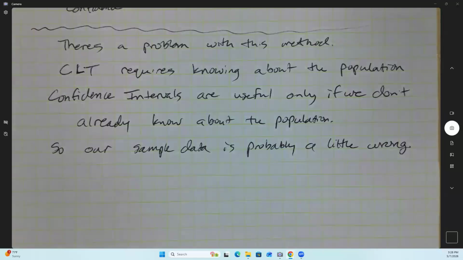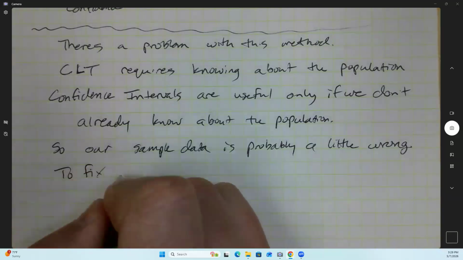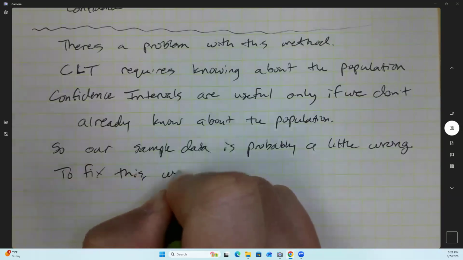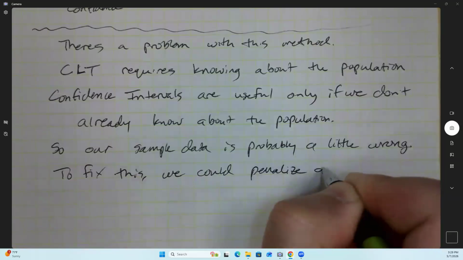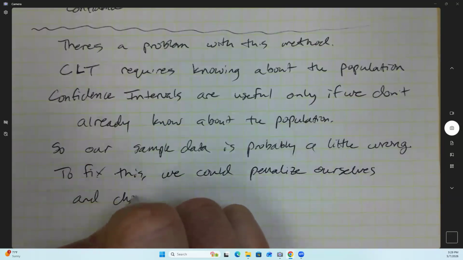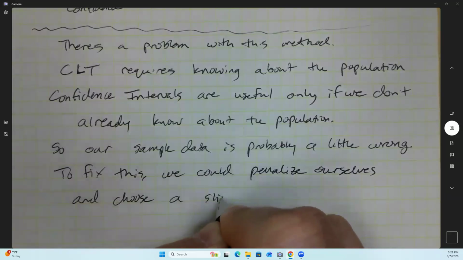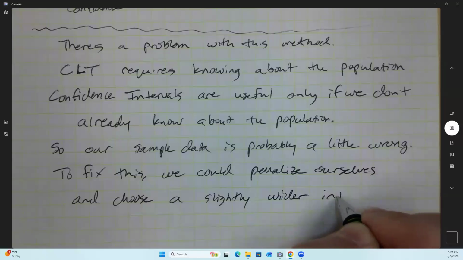Not only is the sample mean probably not exactly the expected value, our sample standard deviation is probably not exactly what it should be. To fix this, we could penalize ourselves and choose a slightly wider interval.